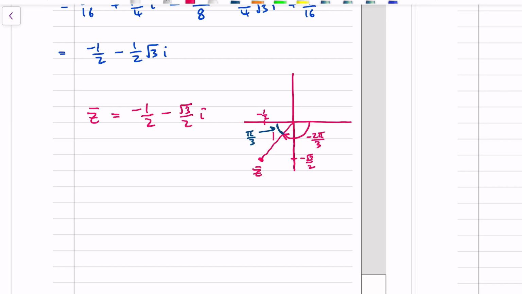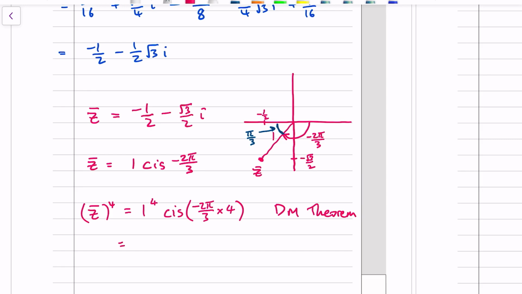Degrees or radians is okay for this problem. So we turn z bar into polar form by writing it as 1 cis negative 2 pi over 3. Of course, you don't need to put the 1 there, but I just did for effect. The z bar to the 4 is therefore 1 to the power of 4 cis minus 2 pi over 3 times by 4. That's the theorem, de Moivre's theorem.